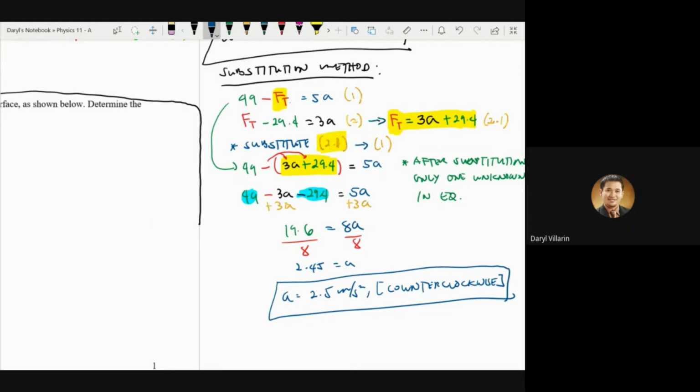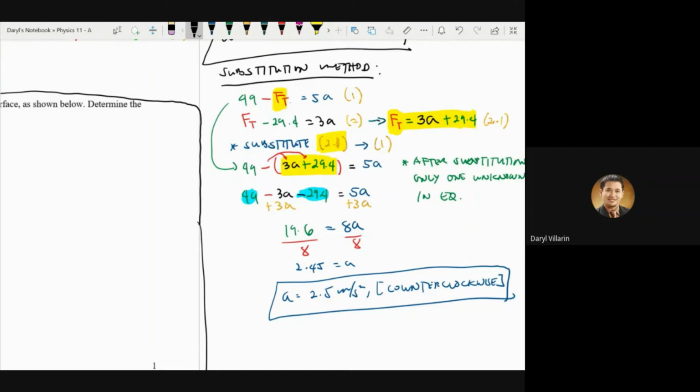Okay, you can use either of the two. And actually, if you know how to use your calculator, some calculators have a way of solving systems of linear equations. You just have to set up your equation 1 and equation 2, and write all the coefficients. Like for FT, it's -1 and 1.